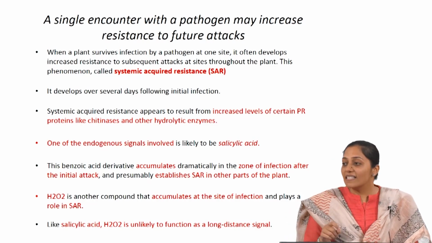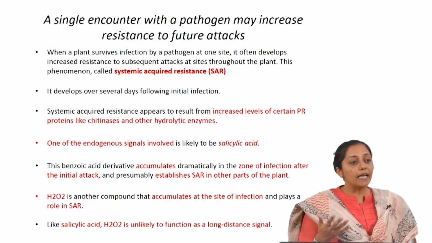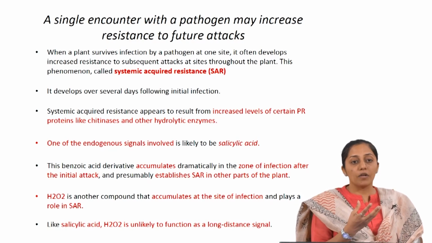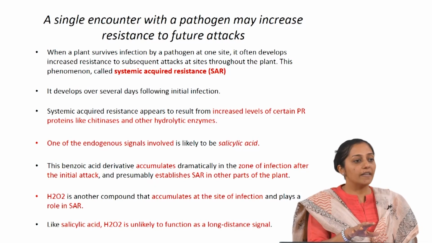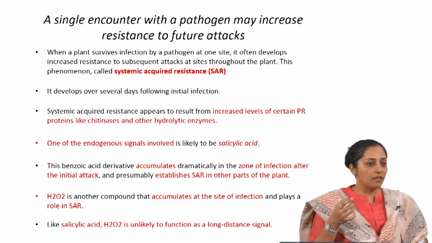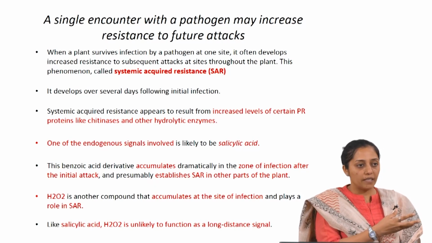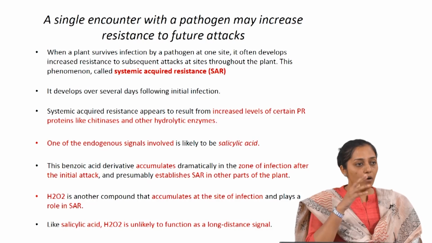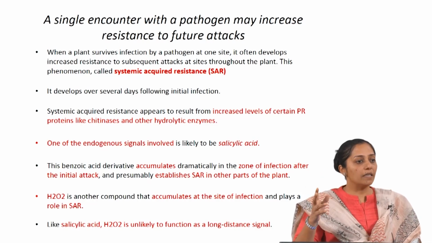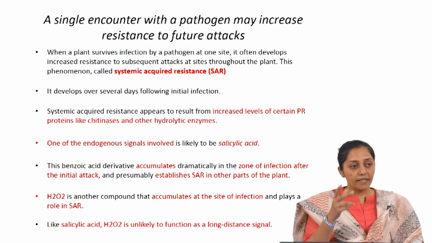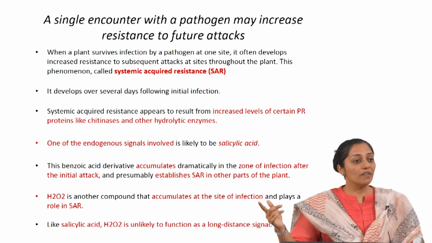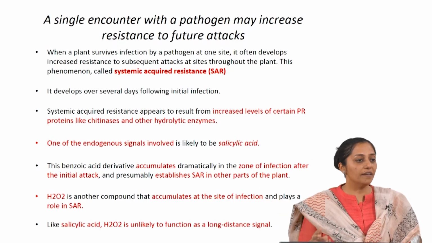Salicylic acid and its volatile component methyl salicylate are said to be involved in this systemic acquired resistance. So there is a phloem-induced signal. Once the pathogen attacks, these are involved, which signal through the phloem to other parts of the plant, and because methyl salicylate is volatile, the neighboring plants would also induce systemic acquired resistance.